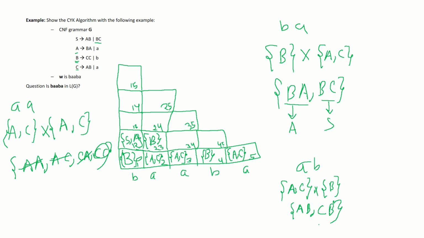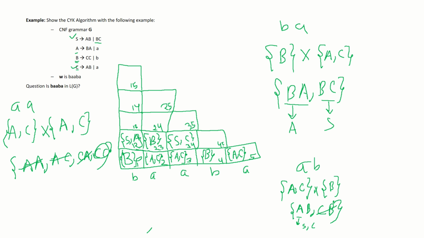Now if we look into our grammar, we can see that AB can be produced from S and C. So this gives us S and C. But can we produce CB? We can't produce CB, so this is eliminated. So we are going to fill this cell with S and C.